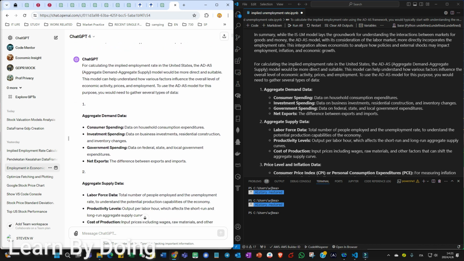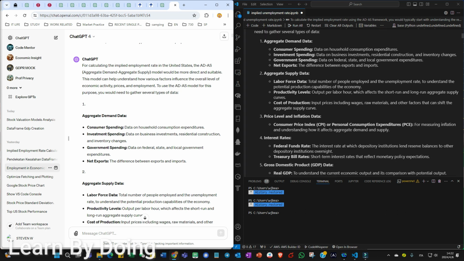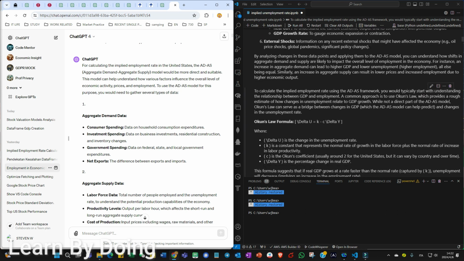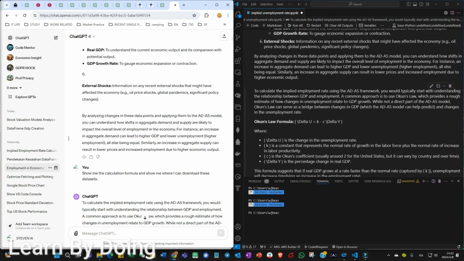Based on the information it provided, it suggested that we should use the AD-AS, aggregate demand, aggregate supply model. It continued to give me all these explanations, and I'm going to go past them.